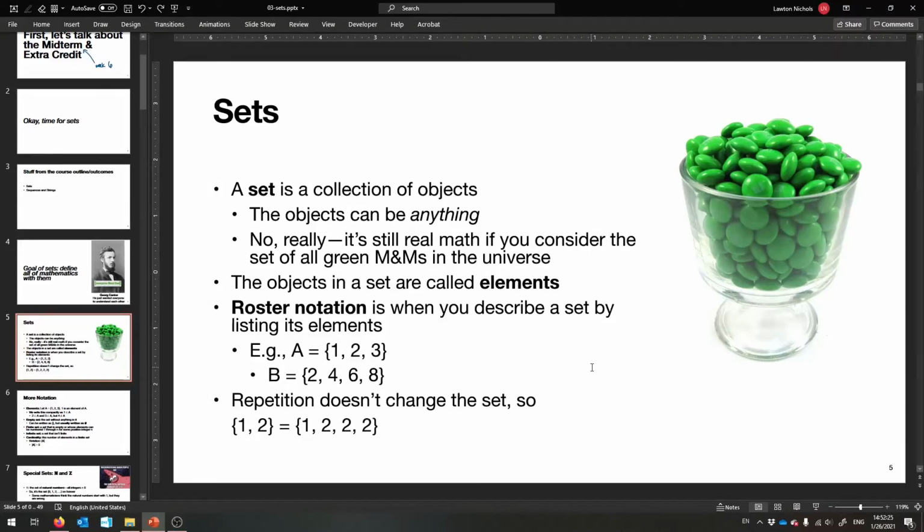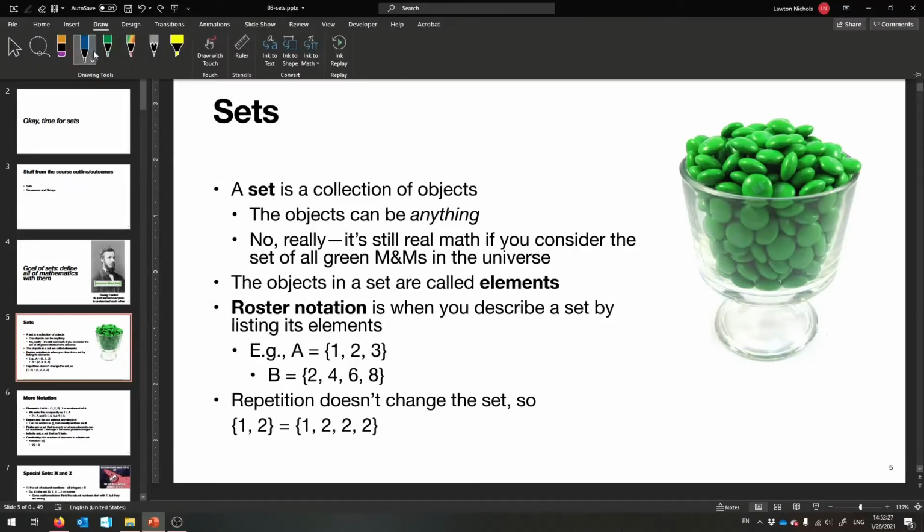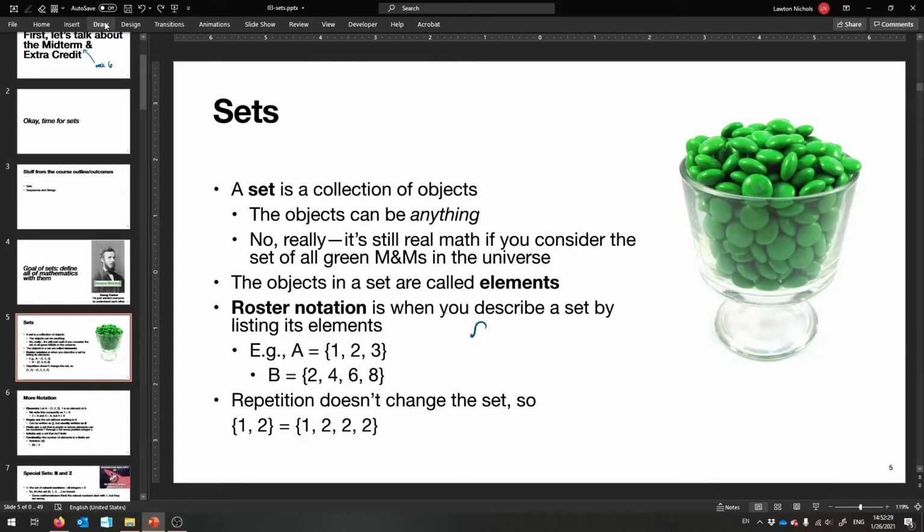You always put these braces, which delimit the set, and you put stuff in here. So like this is your set C. All of C's objects are in here, separated by commas. So just remember those.